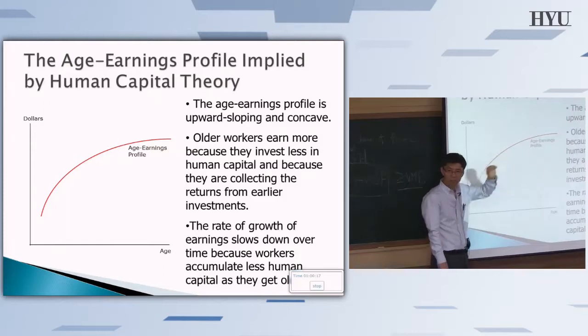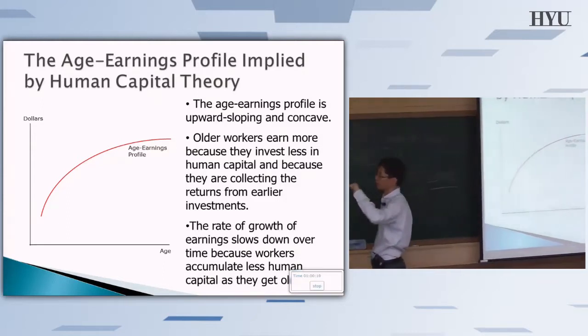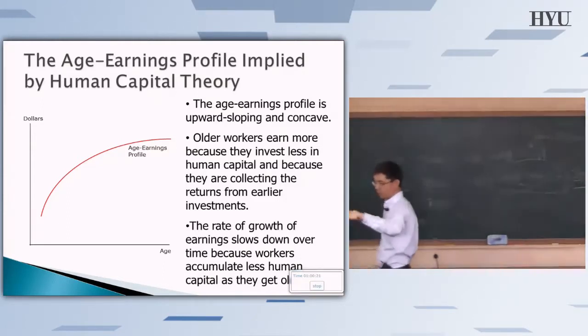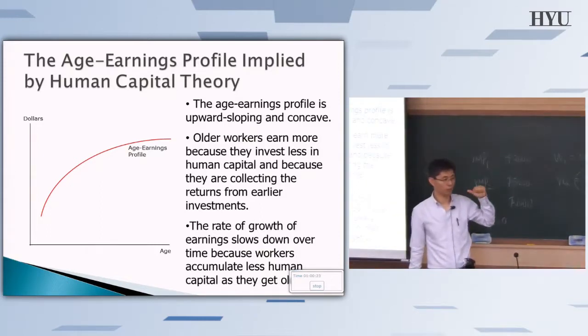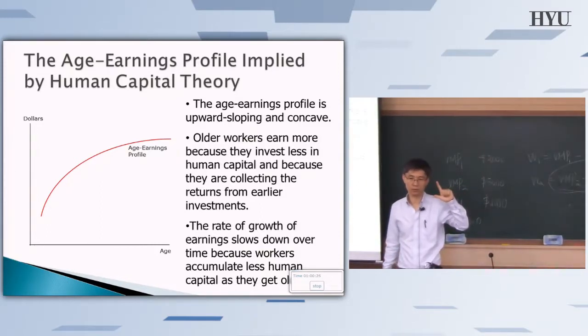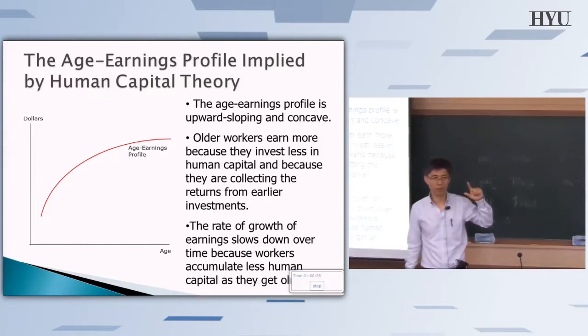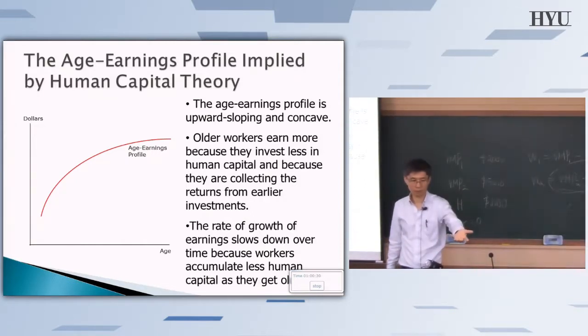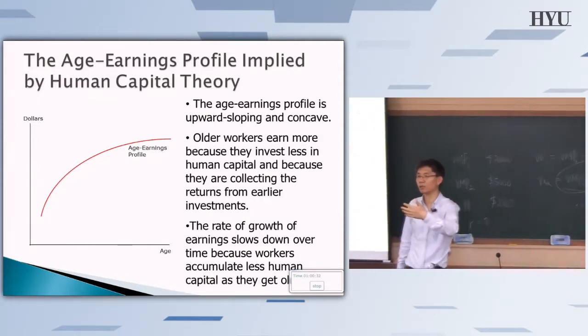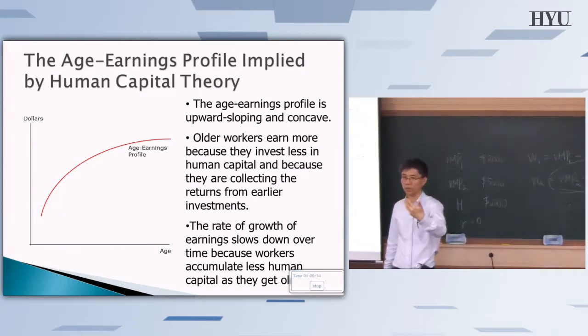And that's the first thing: older people pay less for their training, so their income must go up. Second, if you train yourself right now, you will get the return while you get older and older.